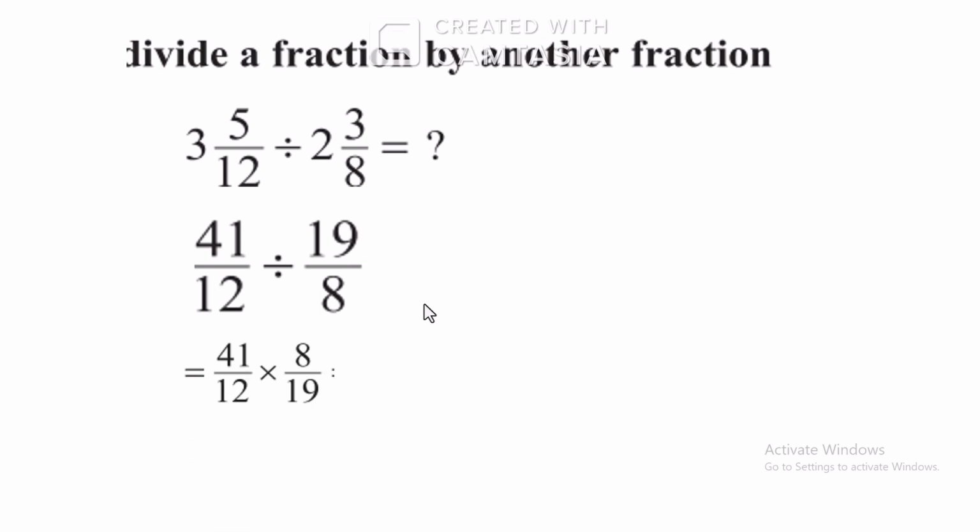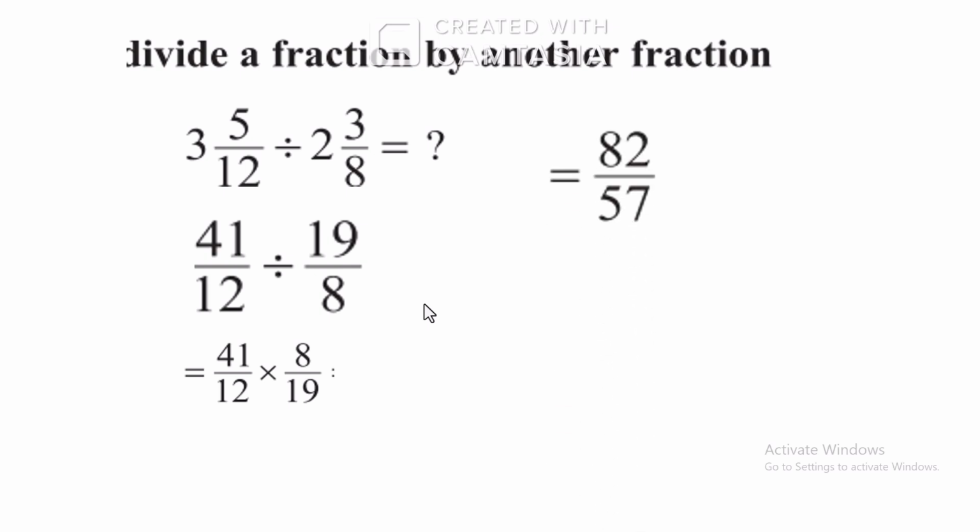Now, write the first fraction, 41 divided by 12, then change the sign to multiplication, then the reciprocal of the second fraction. The reciprocal of 19 divided by 8 is 8 divided by 19. Then we know the rules.